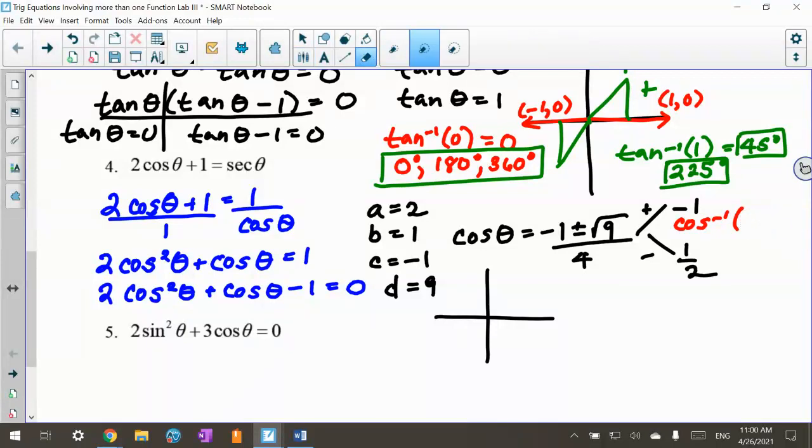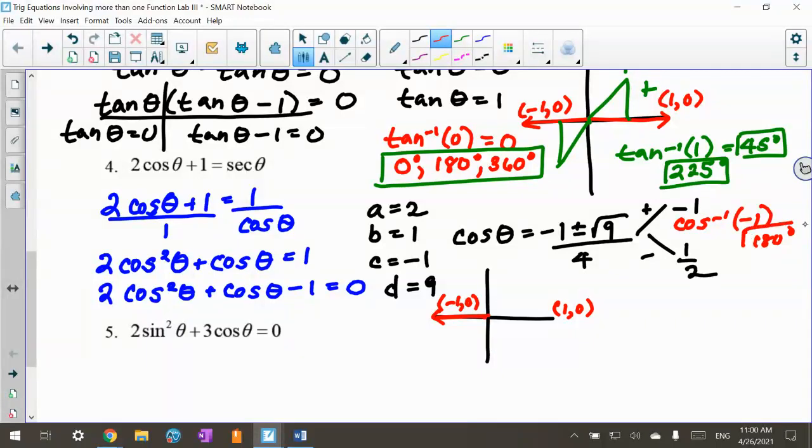Inverse cosine of negative 1 is over here on the left, or 180 degrees. So it's right here because that's the point negative 1, 0. I don't know of any other way because here cosine is 1 and I know it's 0 here and here. So it's only going to be that 180 degrees for that one right there.